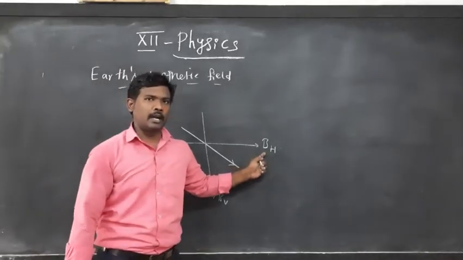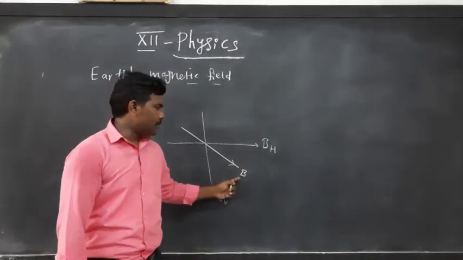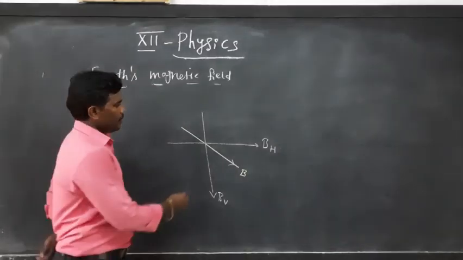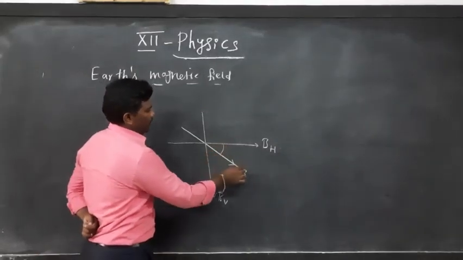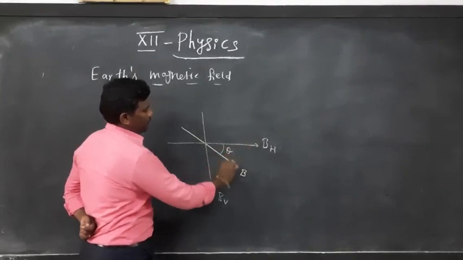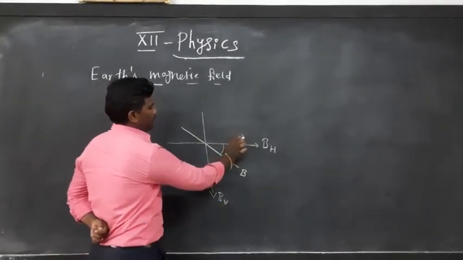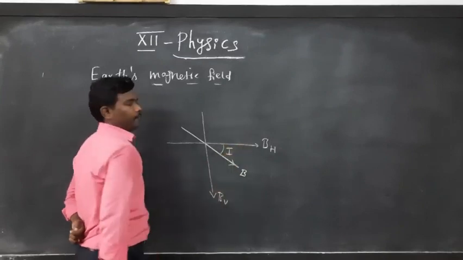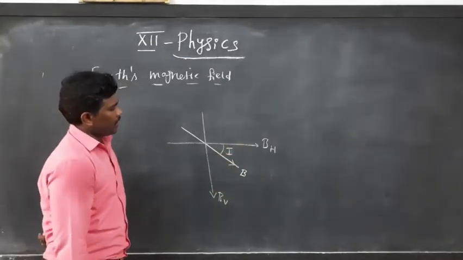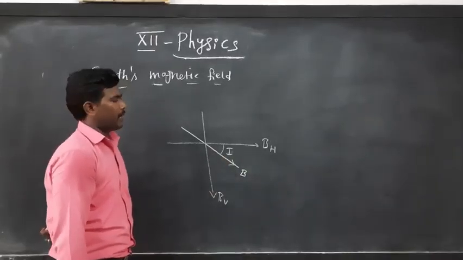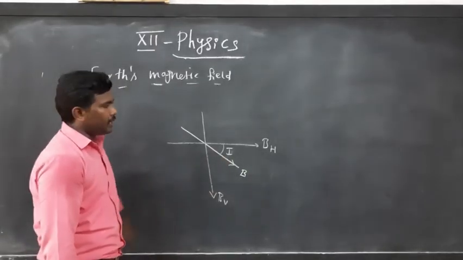BH is the horizontal component of earth's magnetic field. This B is called the total earth magnetic field. I am taking the angle between B and BH as theta, or we call this angle the tip, the magnetic tip or magnetic inclination. So I am taking the letter I, which refers to magnetic tip or magnetic inclination.